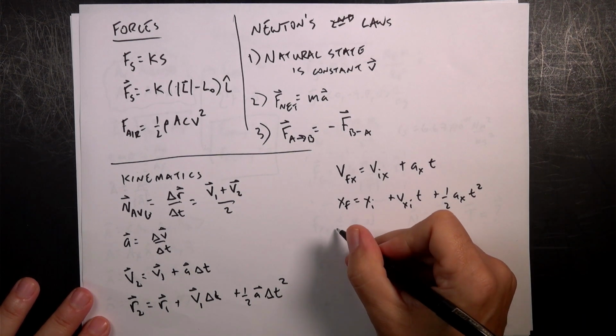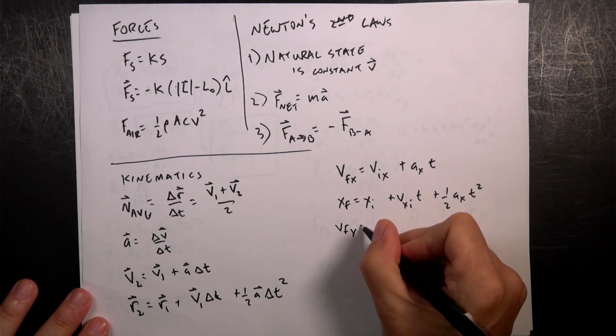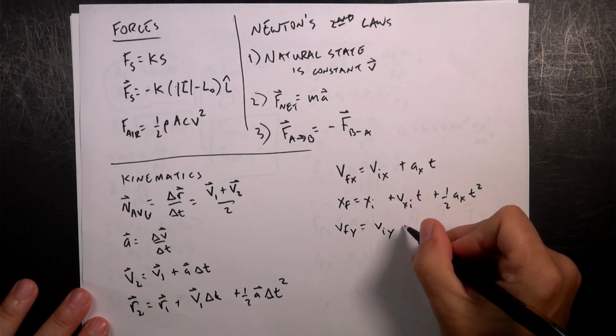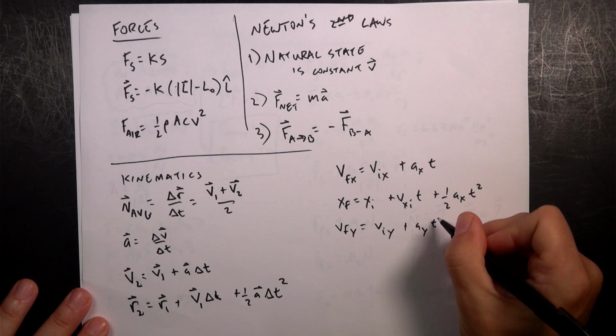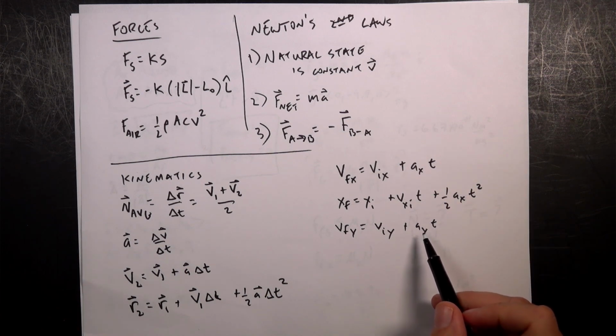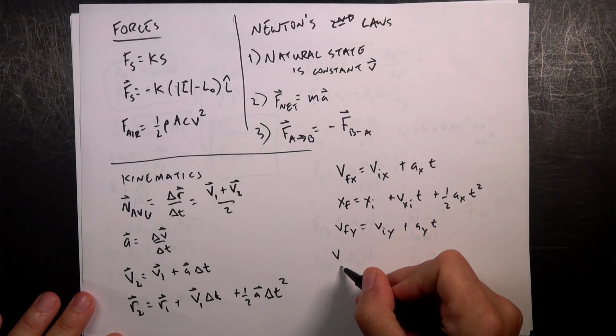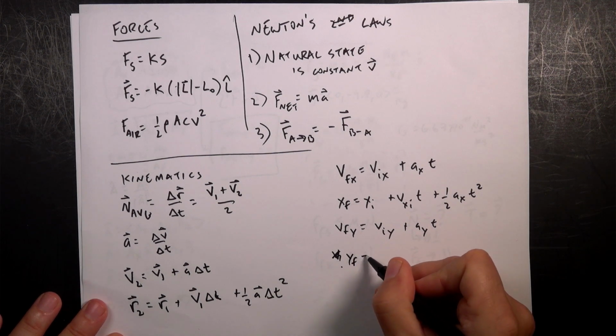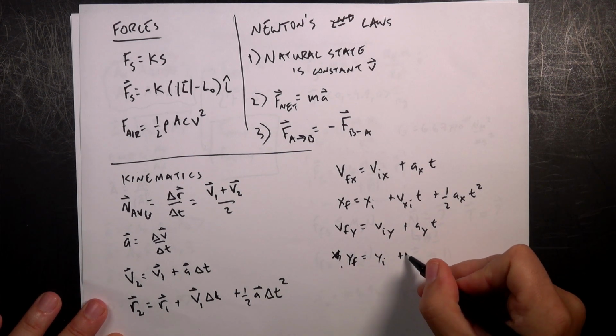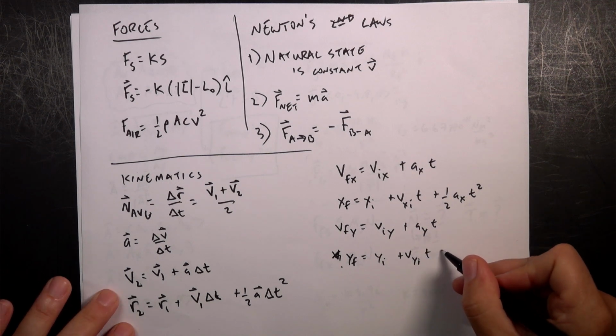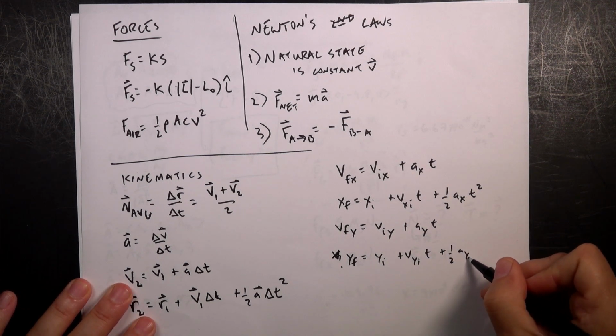And then you have a y version, V final y equals V initial y plus a y t. And yes, if you have a free-falling object, the acceleration would be negative g. Y final equals y initial plus V y initial t plus 1/2 a y t squared.